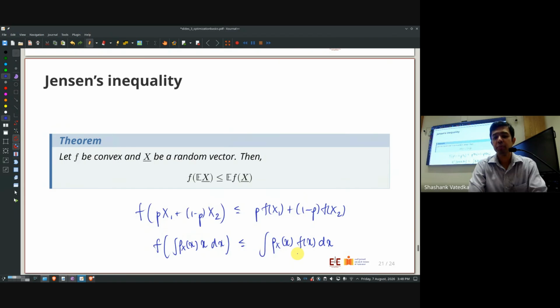All right, so I'm using p of x just for the density. Any questions?